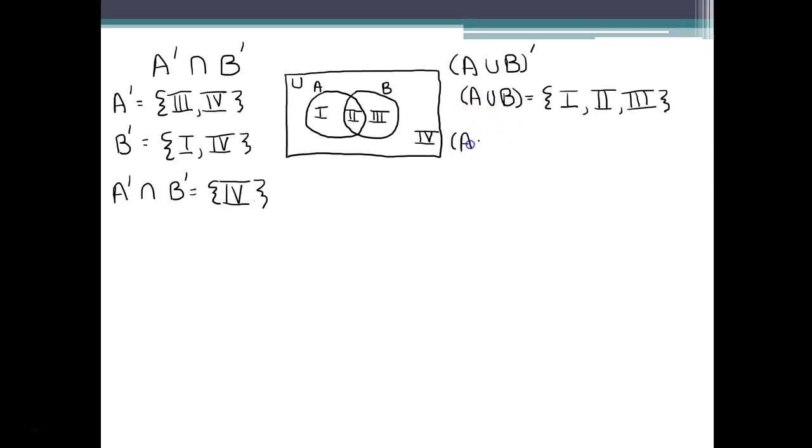And then working your way outside the parentheses, the complement's outside. So it's saying take whatever result you just got and include everything else except that, which would just be region 4. And notice that both have the same region.